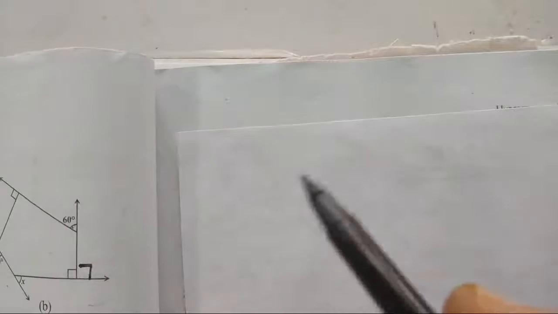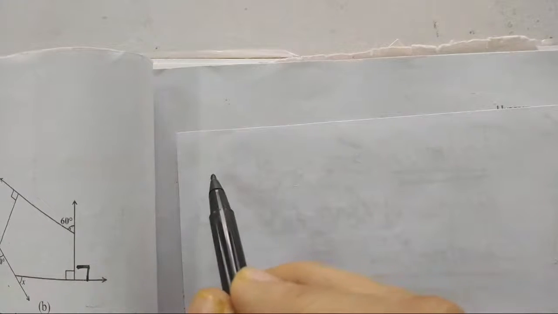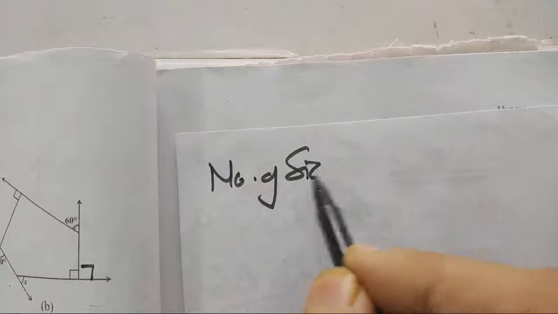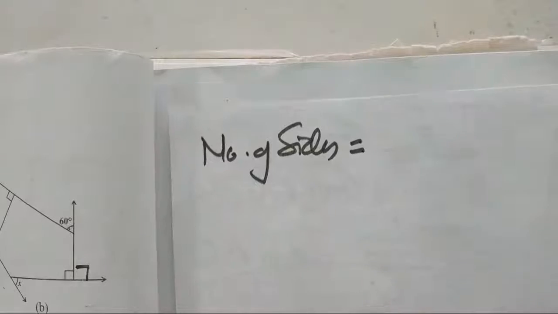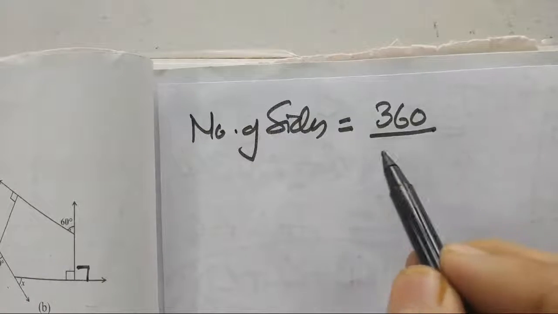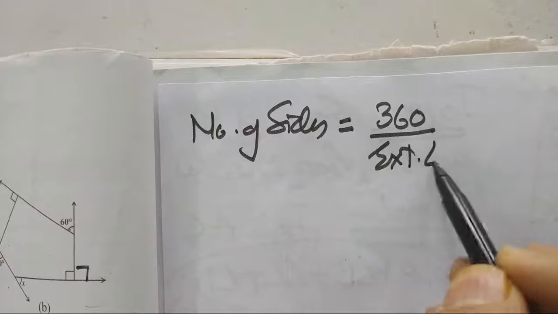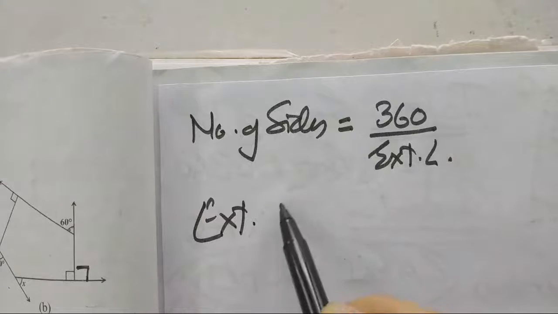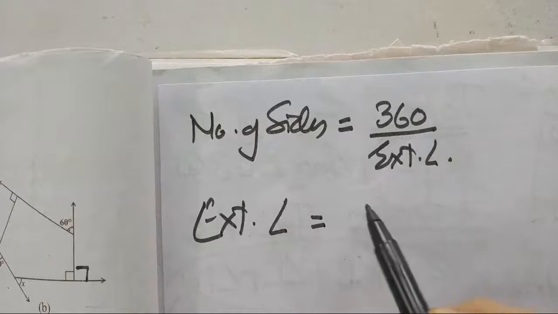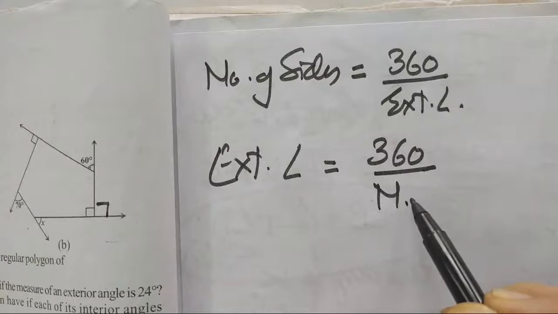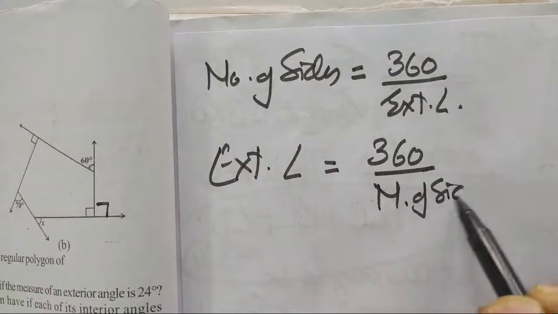So if you have a polygon, then we can say the number of sides is equal to 360 divided by exterior angle. In other words, if I have to find the exterior angle of a polygon, I will divide 360 by the number of sides.